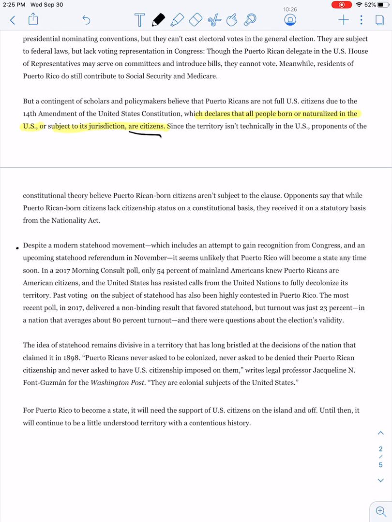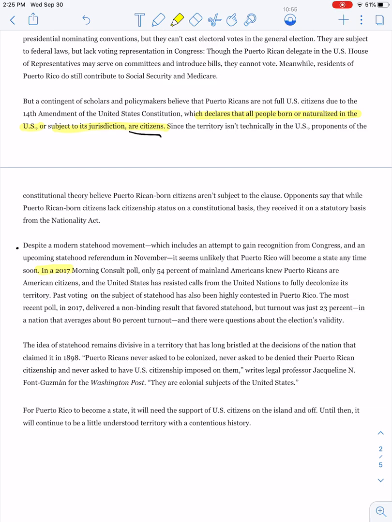All right, I'm back here. Despite a modern statehood movement, which includes an attempt to gain recognition from Congress and an upcoming statehood referendum in November, it seems unlikely that Puerto Rico will become a state anytime soon. Here's your last year. In a 2017 Morning Consult poll, only 54% of mainland Americans knew Puerto Ricans are American citizens, and the United States has resisted calls from the United Nations to fully decolonize its territory.